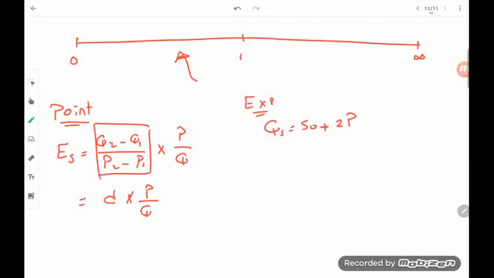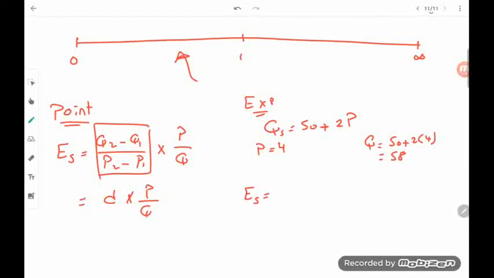If this is the supply function and the required is to find price elasticity of supply when price equals 4, in this case we have to calculate the quantity by substituting the price in QS. So quantity will be 50 plus 2 multiplied by 4, which is 58.